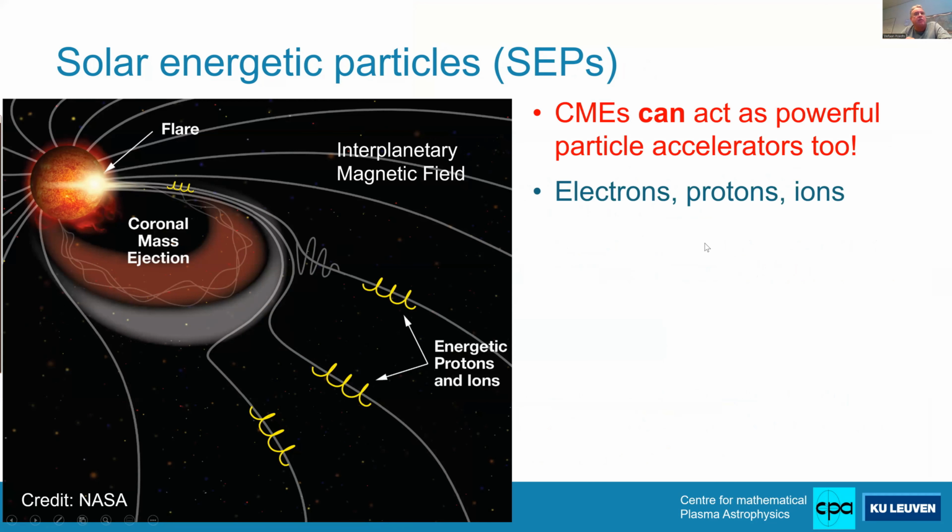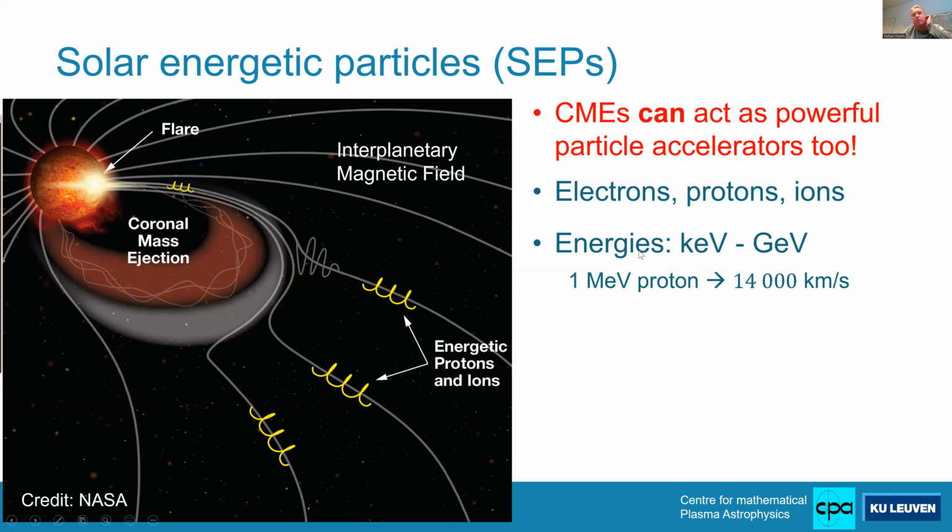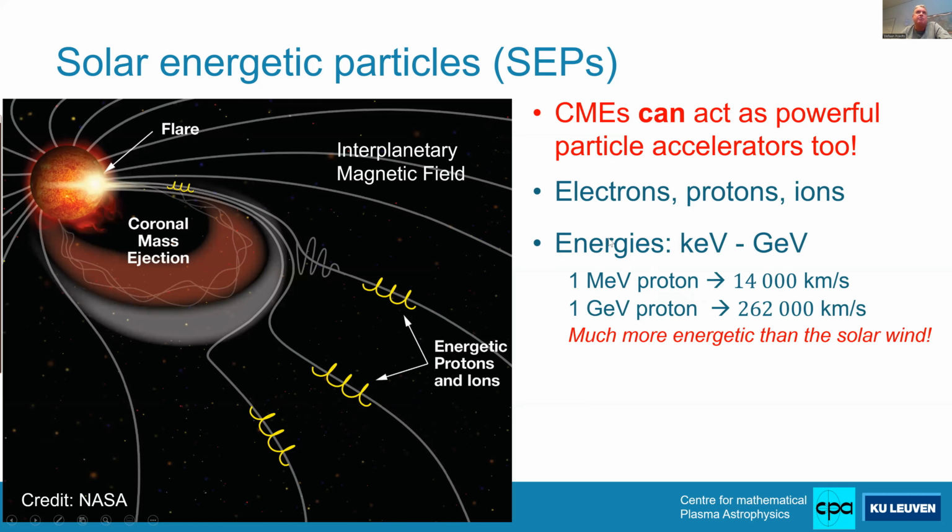All particles are involved, electrons, protons, and heavier ions, and the energies range between kiloelectron volt and even gigaelectron volt. So a 1 megaelectron volt proton, for instance, travels at a speed of 14,000 kilometers per second, and a gigaelectron volt proton travels almost at the speed of light. So these particles are much more energetic than the particles in the background of the wind.